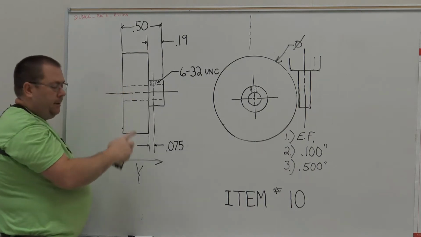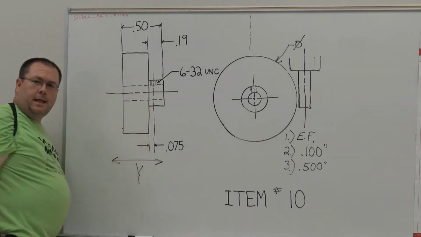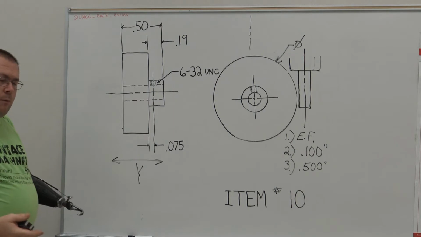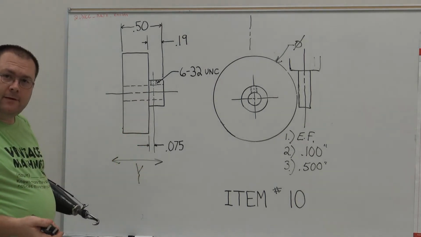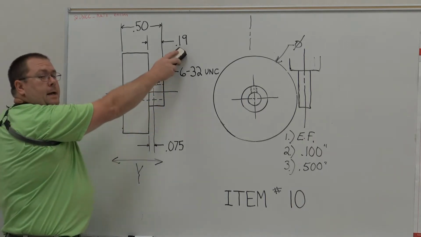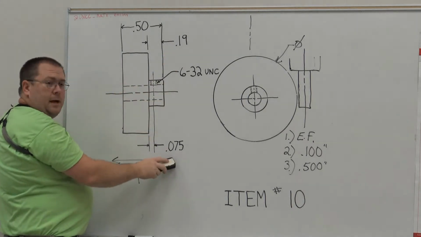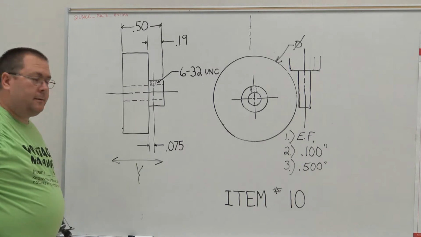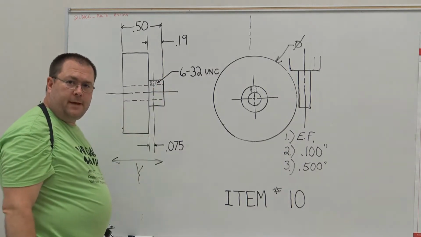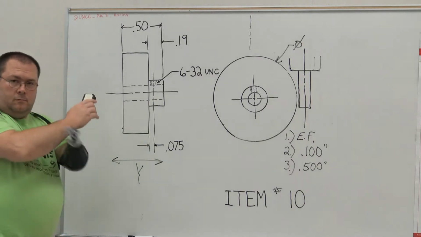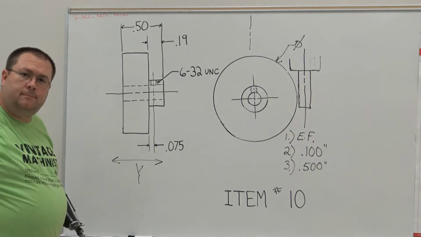But we have to think about the location of that hole. Well, you may want to, at first look, with not a lot of experience, take 190 and subtract 75 thousandths from it so that I can edge find the front face. Wrong choice, okay?